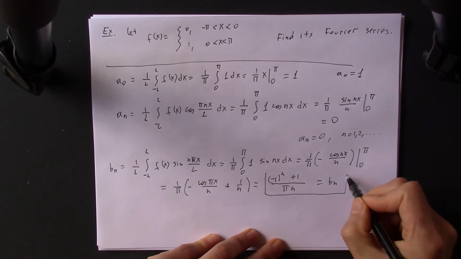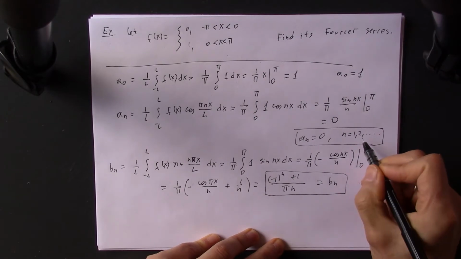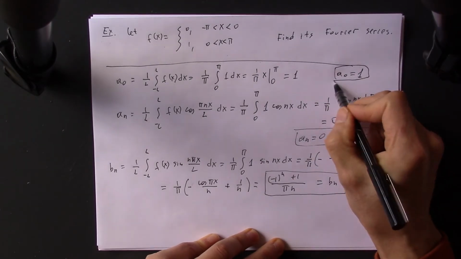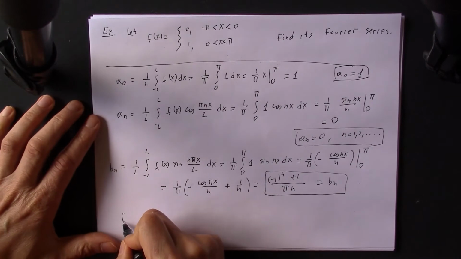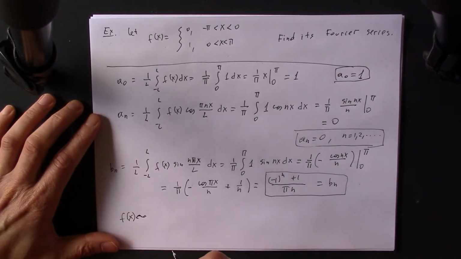So we know what bn equals to, we know what an equals to, when n equals 1, 2, we know what a0 equals to. So we are ready to write down our Fourier series for function f of x.